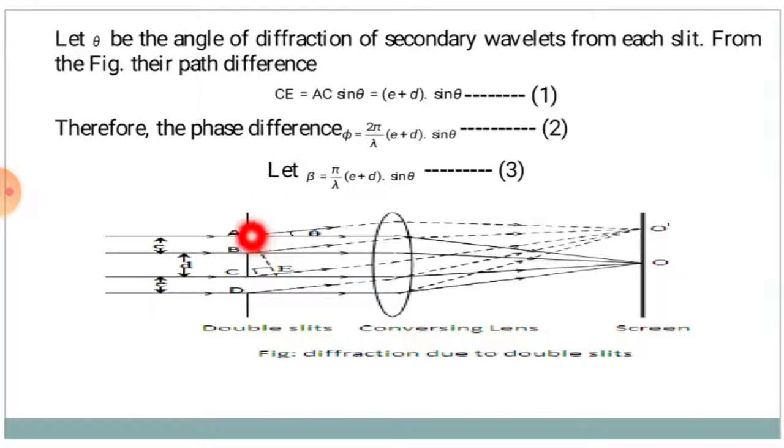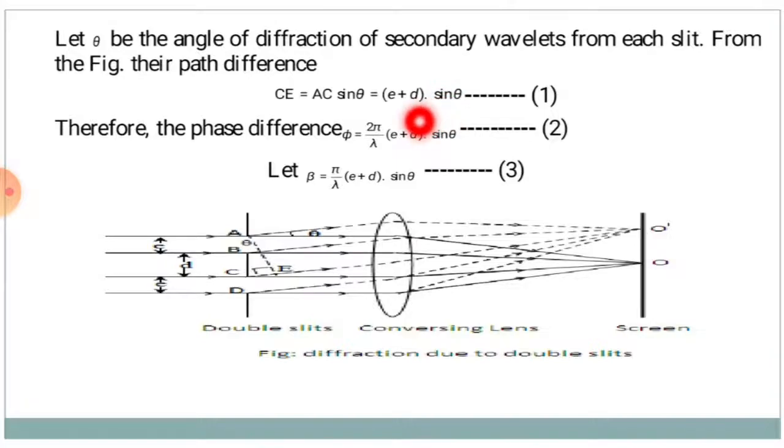Here AC is the combined width of the slit and obstacle, that is denoted by e plus d. Now substitute this value: CE is equal to (e plus d) sin theta. This (e plus d) sin theta gives the path difference between the waves diffracted from two neighboring slits.